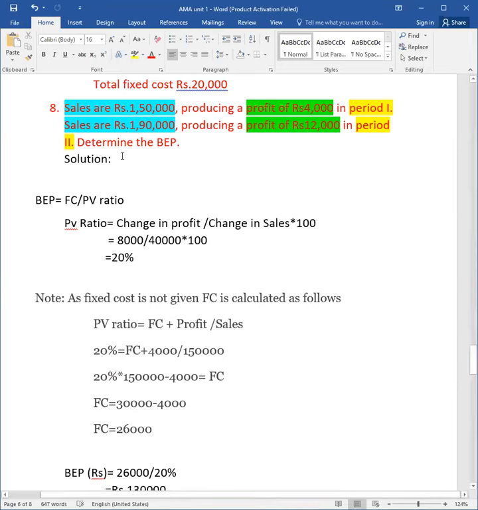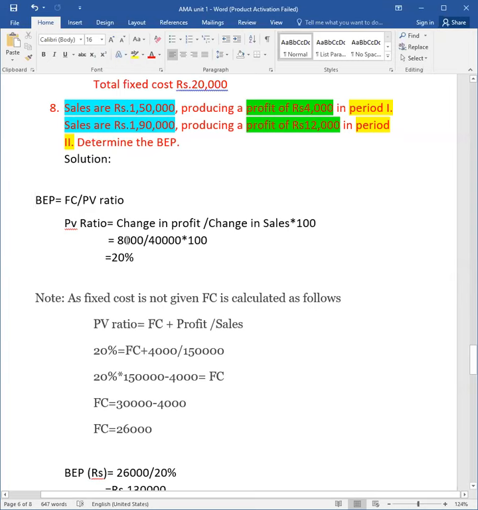Yes, ma'am. See, when sales for 2 years and profit for 2 years are given, the formula to calculate BEP is going to be fixed cost divided by PV ratio. So to calculate BEP, you need to calculate fixed cost and PV ratio separately and then substitute the values. PV ratio is equal to change in profit divided by change in sales, because we have only sales and only profit.